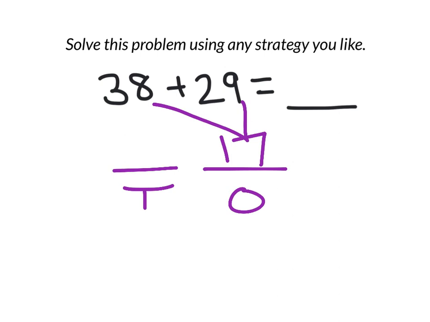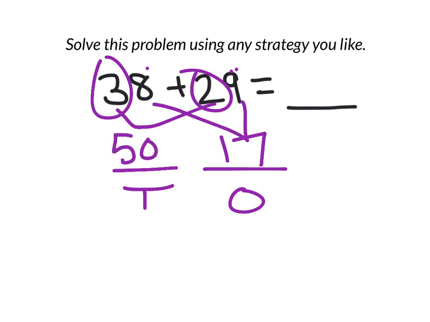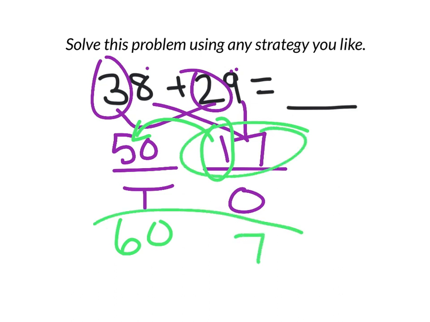And another reason I know it is because 9 and 9 is 18, so I just drop 1 and it's 17. 30 and 20, that's 50. I'm not done because I need to take that 10 and push it over there. The 50 is now 60 and the 17 is now 7. Final answer is 67. So pat yourself on the back if you got that answer correct.